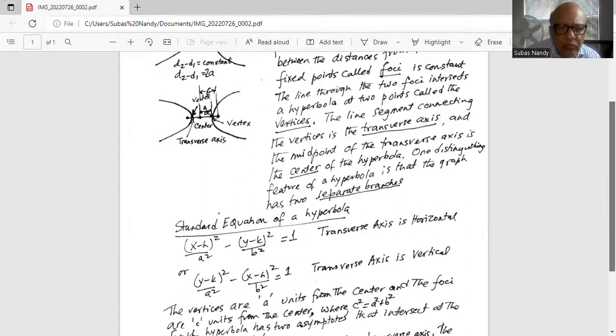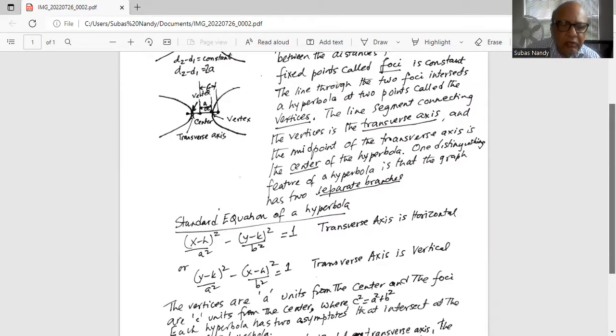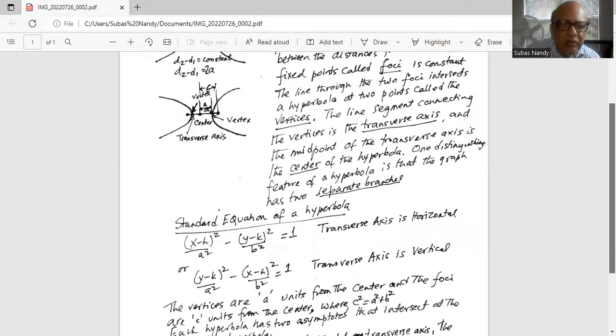Then the equation is (y minus k) squared divided by a squared minus (x minus h) squared divided by b squared equal to 1. In this case, the transverse axis is vertical. The vertices are a units from the center, as shown in the second picture, and the foci are c units from the center.